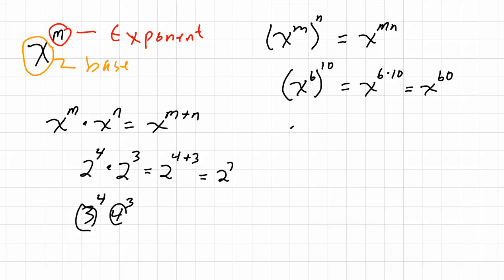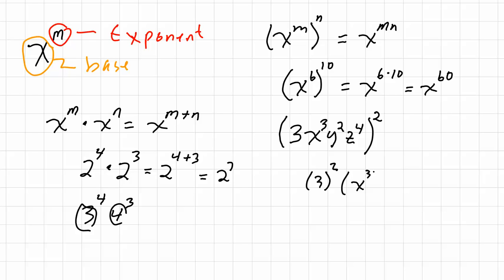If we have something inside, a number for instance, let's say 3x cubed, y squared, and z to the 4th, and we're raising that to the square, then we take each component and apply that exponent. Now you see I'm writing these down. As you become more comfortable with these, you will do a lot of this in your head.